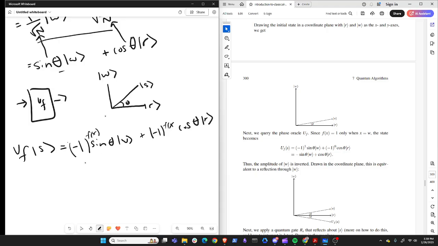So when x is w here, this will be 1. That makes sense.